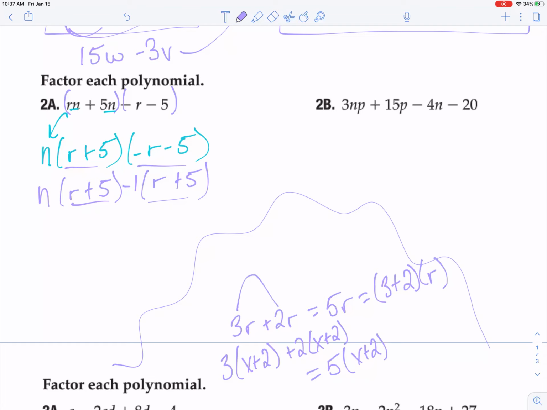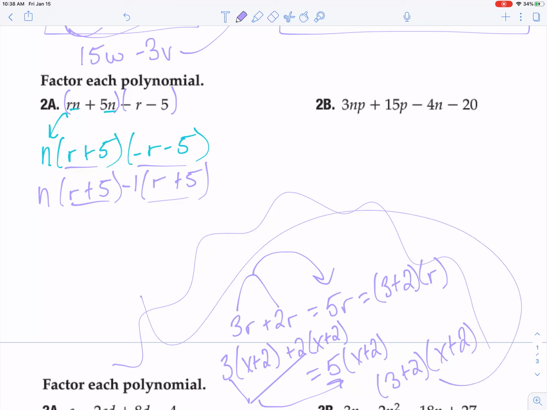If you can take the 3 and the 2 and combine them to get 5, how did you get 5? You would say, well, I took 3 plus 2 to get 5 of my x plus 2's. That's what you're going to do up here.